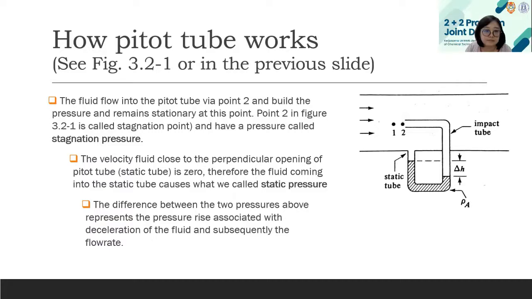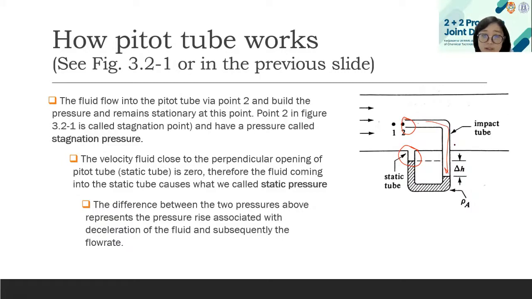There is also a velocity of the fluid close to the perpendicular opening of the Pitot tube, the static tube here. This is the stagnation point, and it will push down.